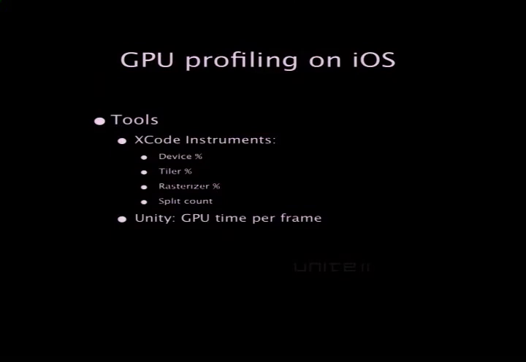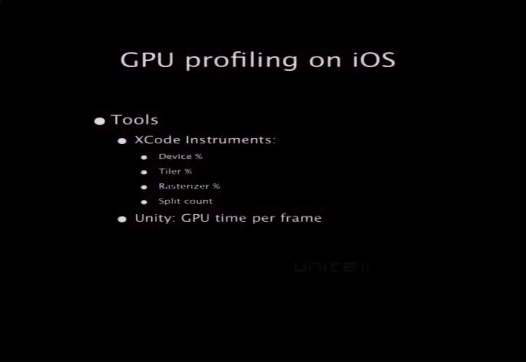If it's lower than 100%, that means that you are blocked by the CPU. If you have 30% in this device, then it means the GPU is taking about a third of the CPU time, because they are running in parallel, of course. But this device percentage tells you the balance between the CPU and GPU.